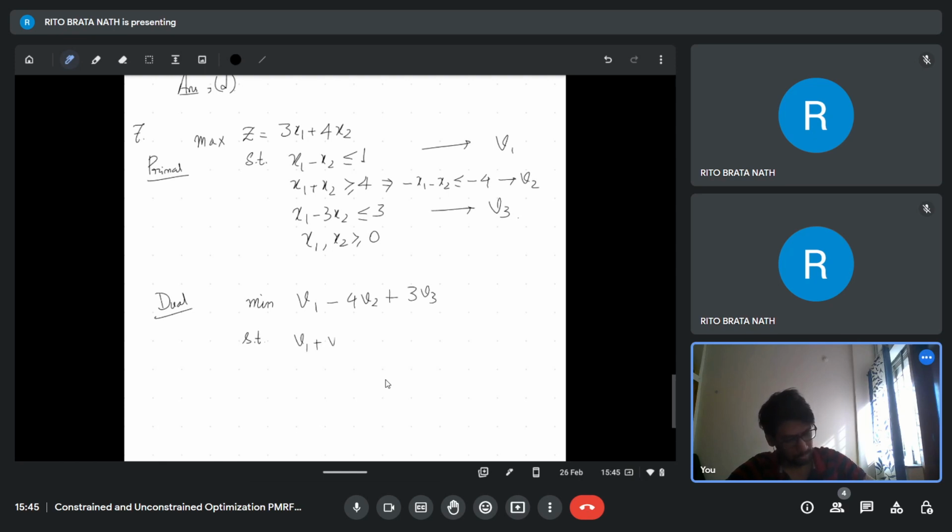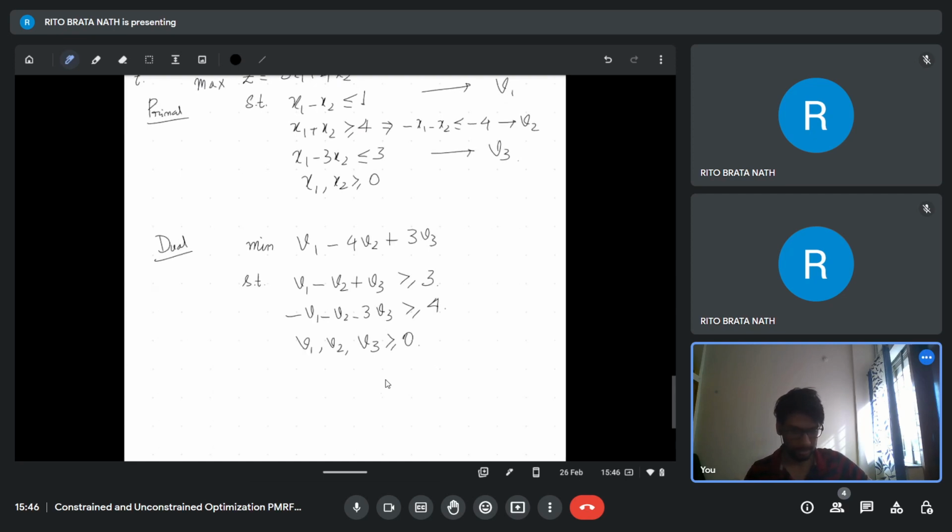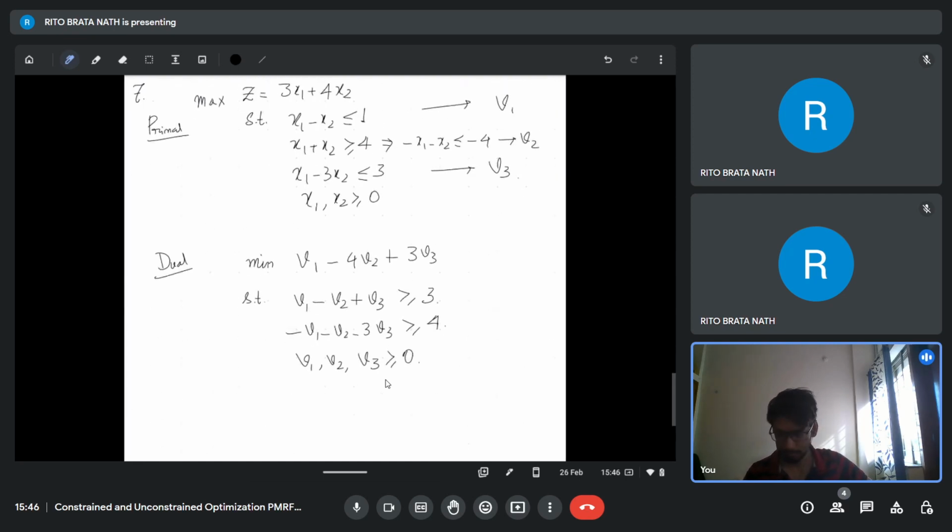Minus v2 plus v3 should be greater than or equal to 3. And the other one will be minus v1 minus v2 minus v3 should be greater than or equal to 4. And since all of them are less than or equal to type constraints, v1, v2, and v3 are greater than or equal to 0, right? So let me solve this problem again in Excel, and I think then you'll be able to understand what's going on.